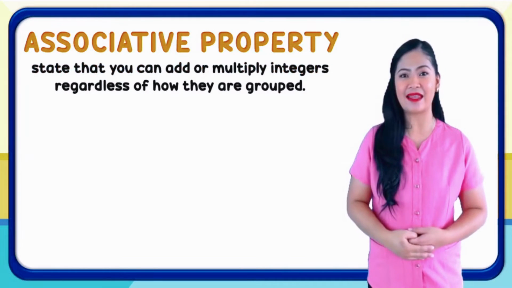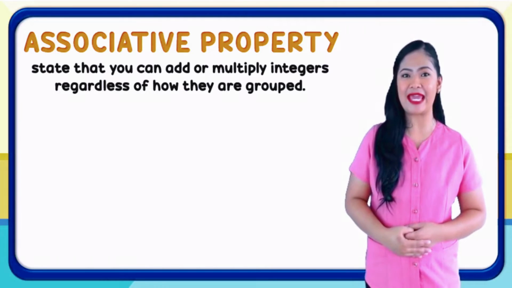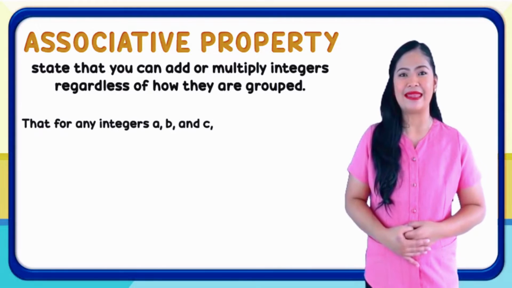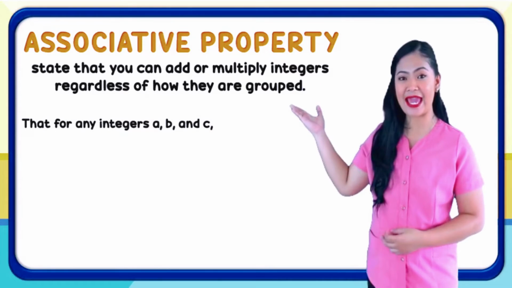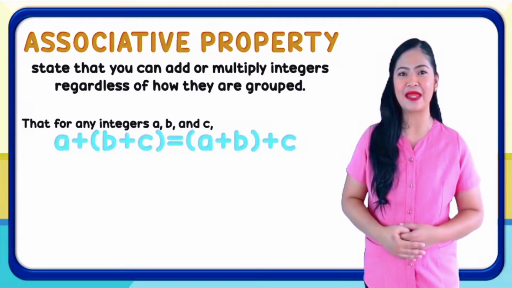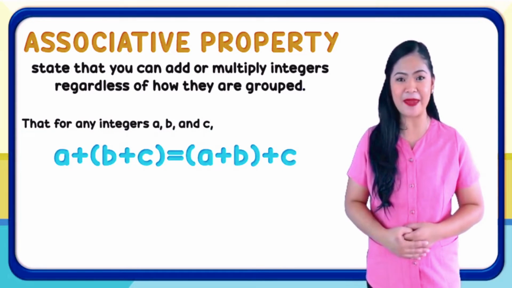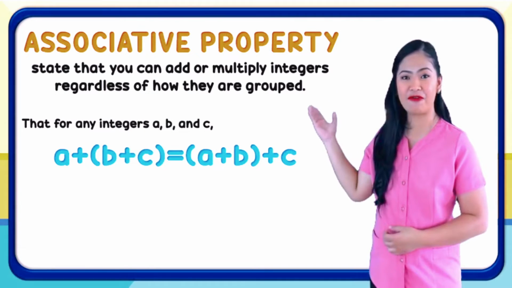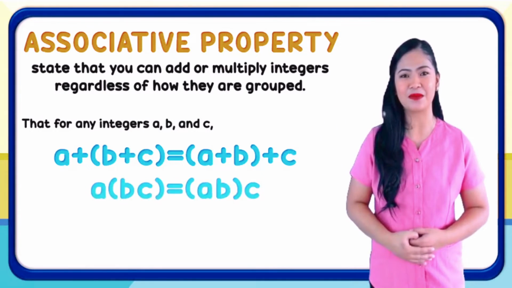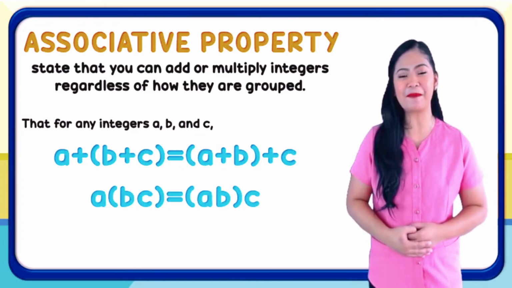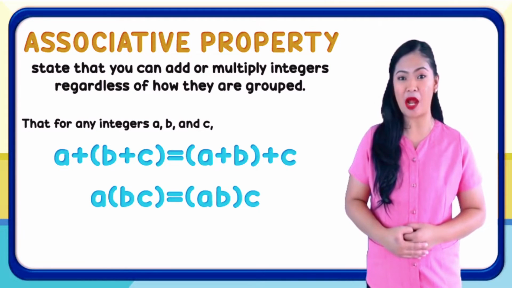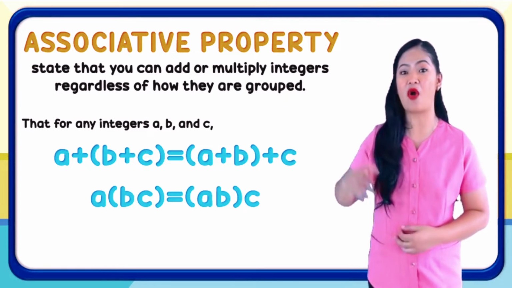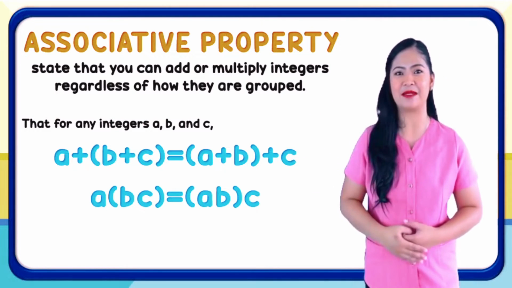It states that you can add or multiply integers regardless of how they are grouped. That for any integers a, b, and c, a plus the sum of b and c is just the same or equal to the sum of a and b plus c. Moreover, for multiplication, a times the product of b and c is just equal to the product of a and b times c.